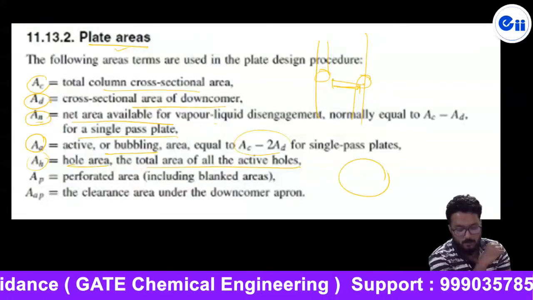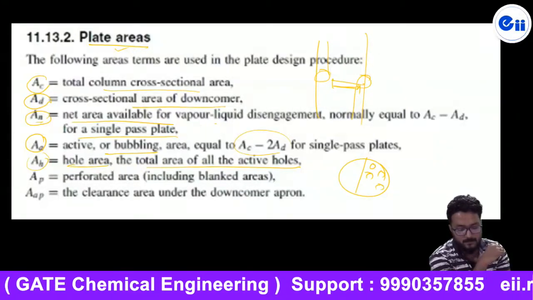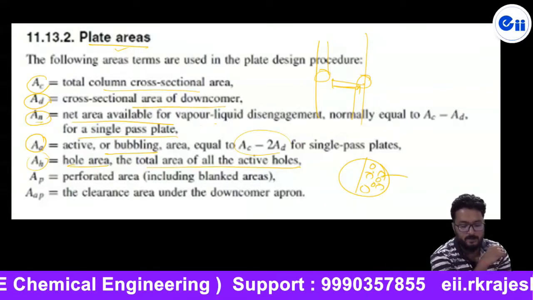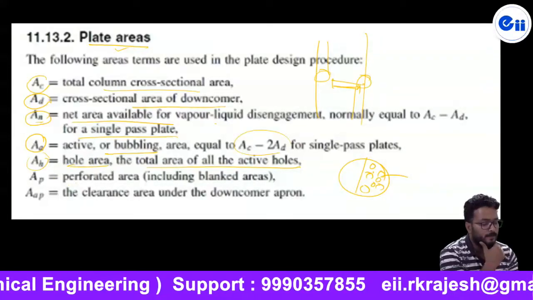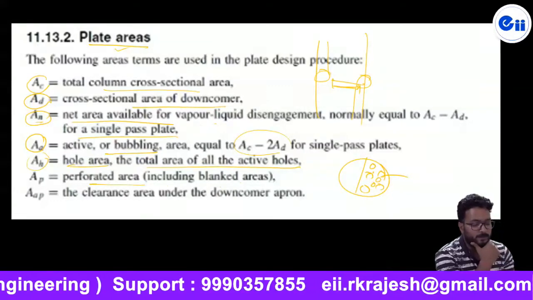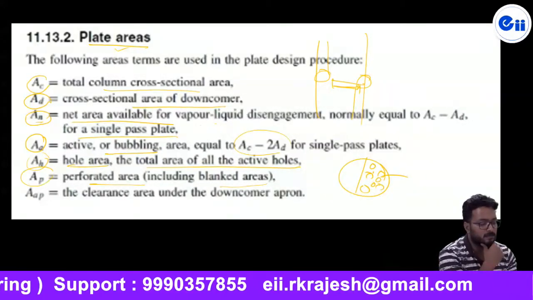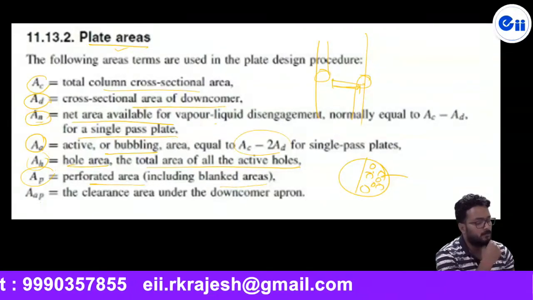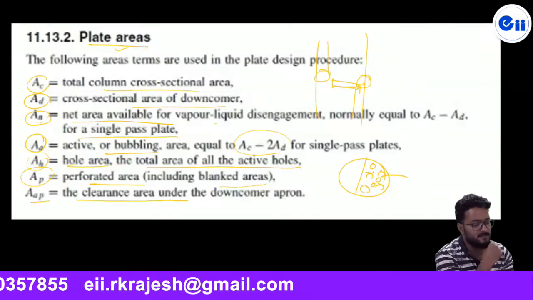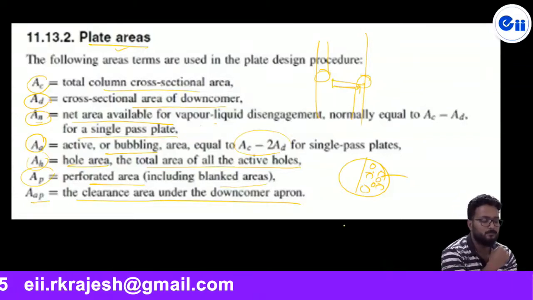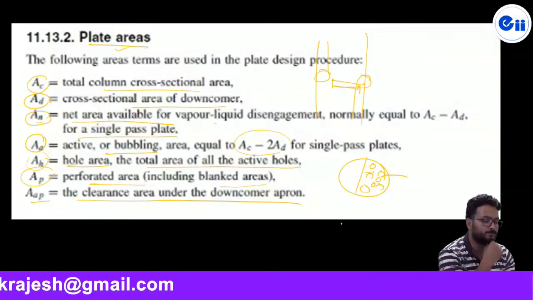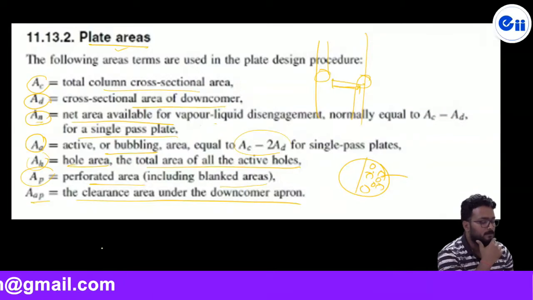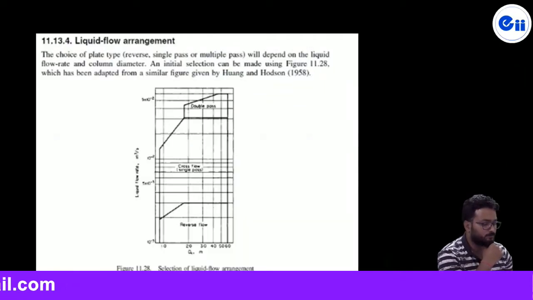So whatever holes are over the stage, the area of all of them is called the whole area AH. And the perforated area including blanketed area is the area of perforations, and AAP is called the clearance area under the downcomer apron. That you will be able to know in the next lecture. The main thing is that areas are there, and they have notations.